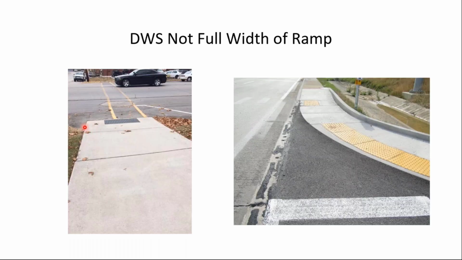So the detectable warning surface here should be the full width of the ramp. PROWAG allows 2 inches on each side, but obviously that's way more than 2 inches. So this is not acceptable in my opinion.